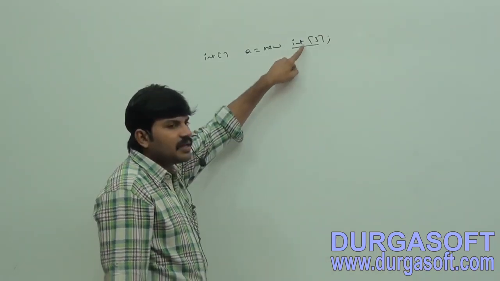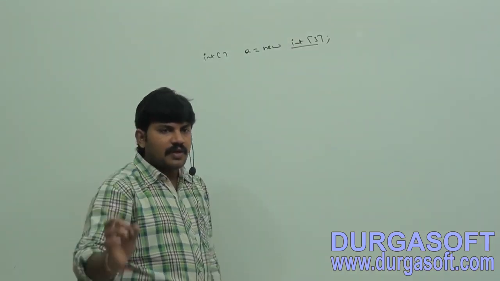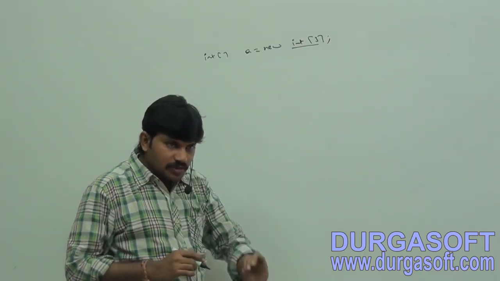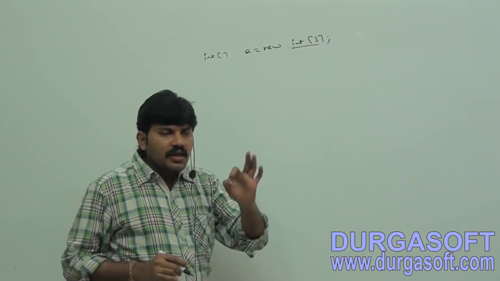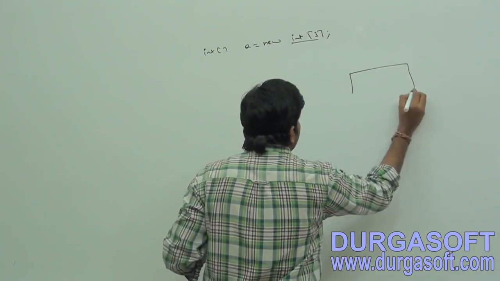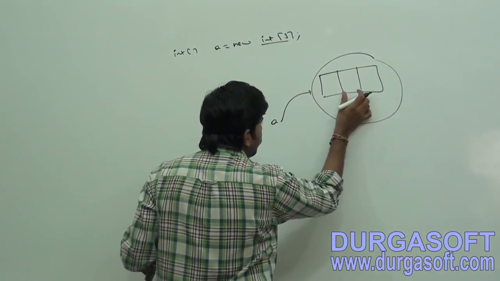Sir, we are creating arrays by using the new operator, which means every array in Java is an object only. Remember this one, sir. Every array in Java is an object only. That's why we can create arrays by using the new operator, right? Now, sir, here size 3, and a is the reference variable for that.